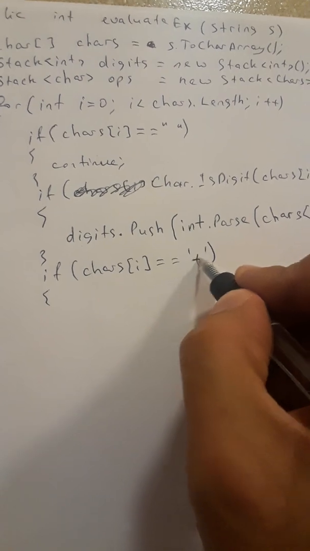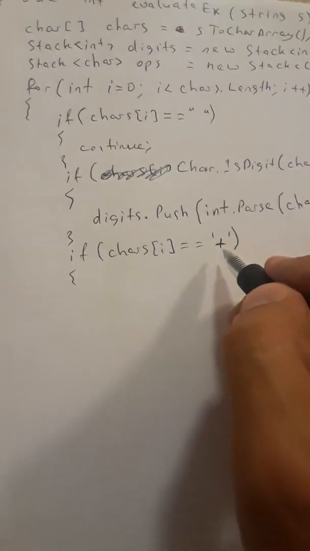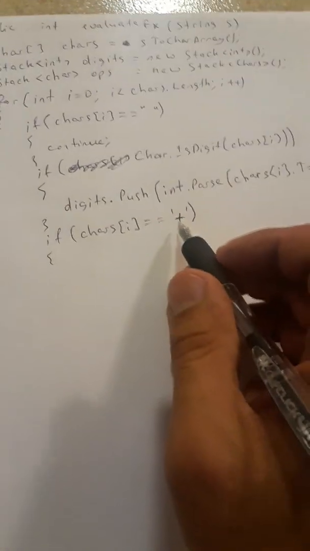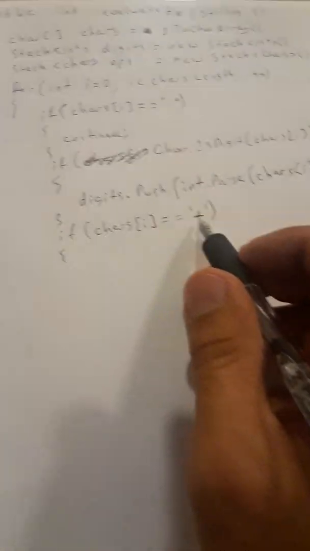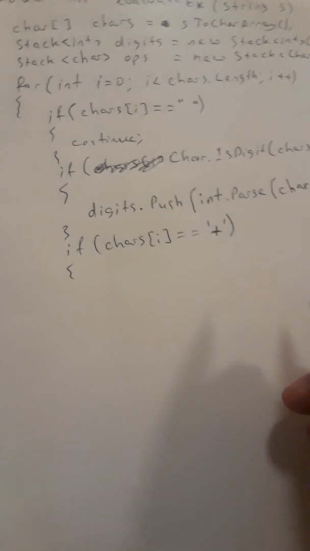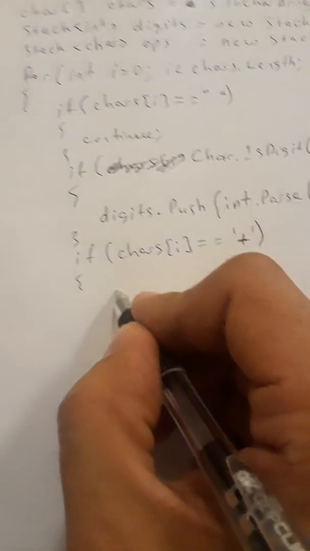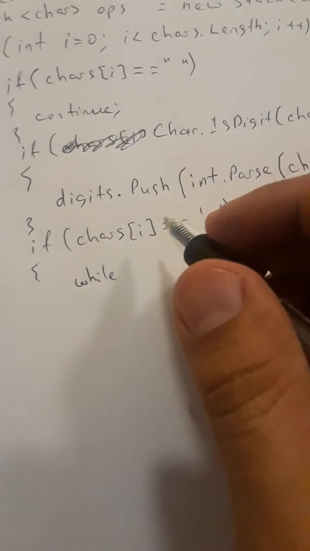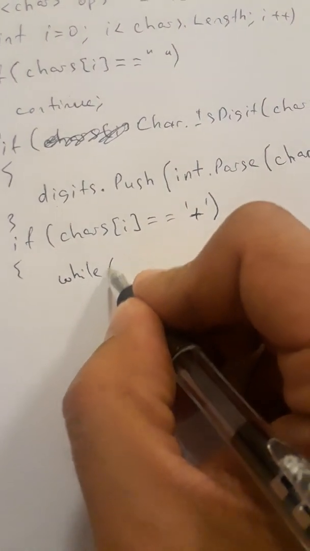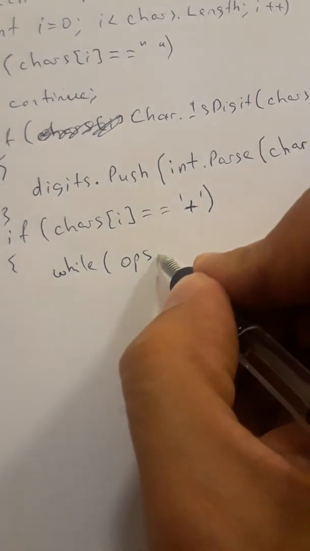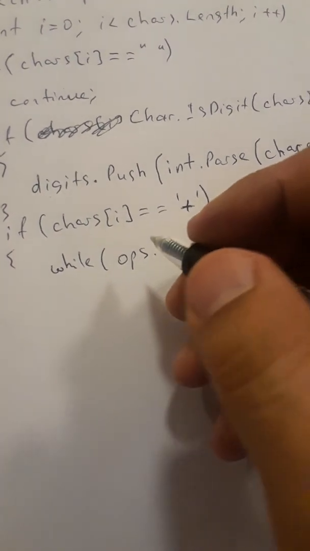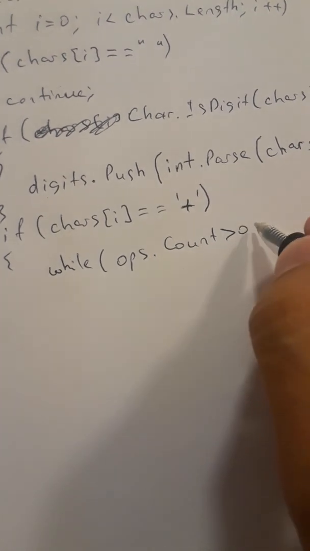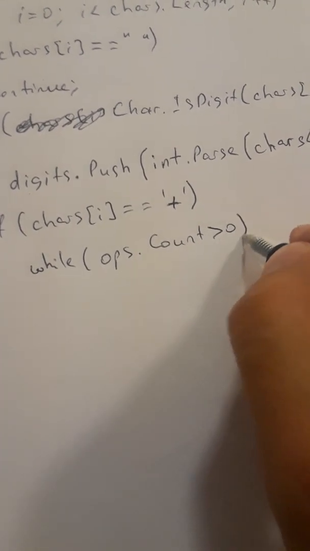We always need to make sure if there are any elements to be evaluated before putting our plus sign into the operator stack. We will do that in the following manner: we will use a while loop. We will check if our operator stack is not empty, so count is greater than 0.